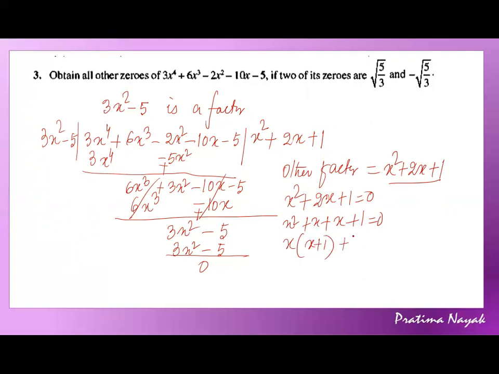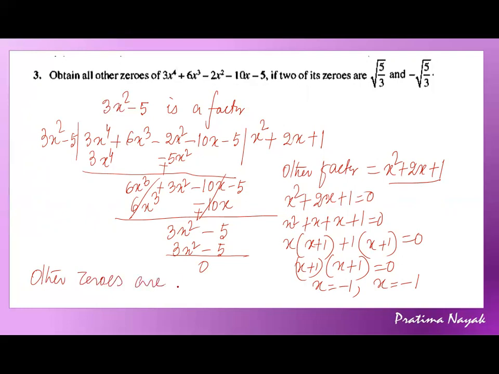You can make it a whole square also. x plus 1 multiplied by x plus 1 is equal to 0. So you are getting the value as x equal to minus 1, x is equal to minus 1. So other zeros are minus 1 and minus 1.